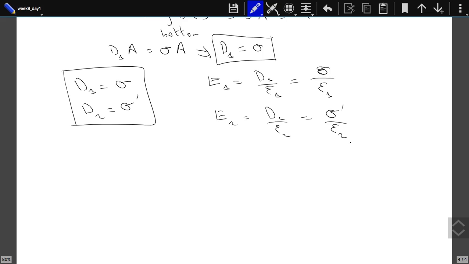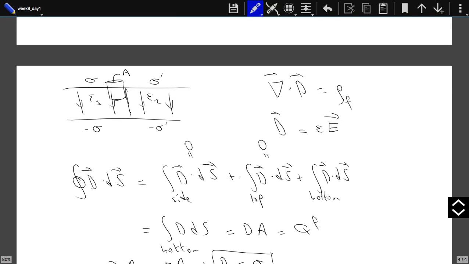But what I do know is that the parallel component of the electric field, parallel to any surface you can imagine, should be continuous. If you take its parallel component on one side, it should be equal to the parallel component of the electric field on the other side. I can apply that principle to this surface over here. On one side of that surface, the electric field is E1.